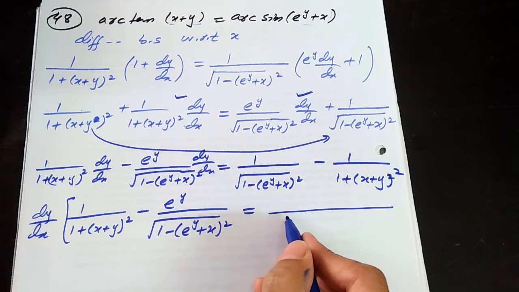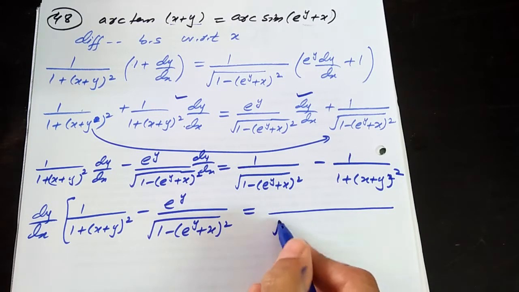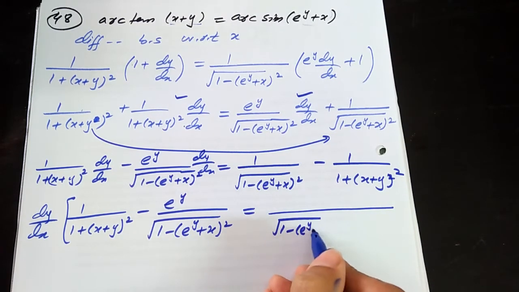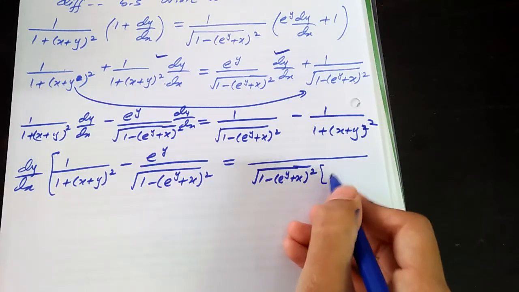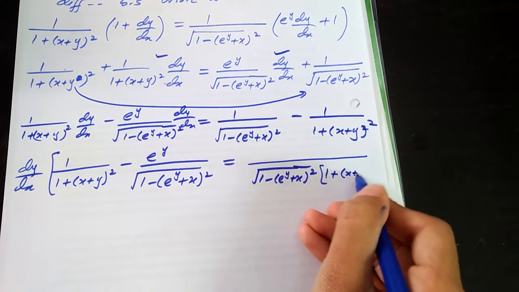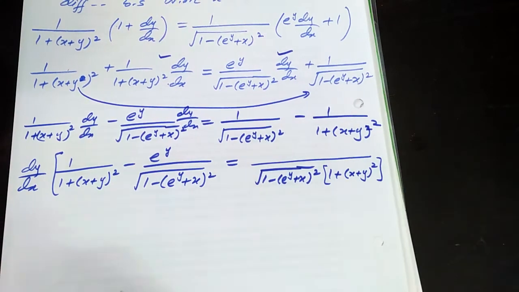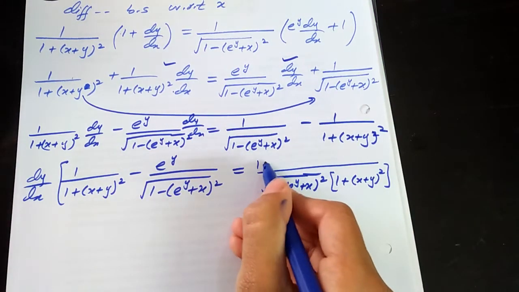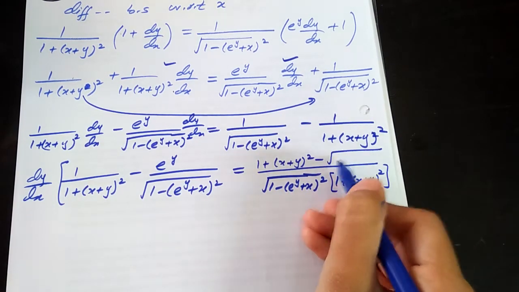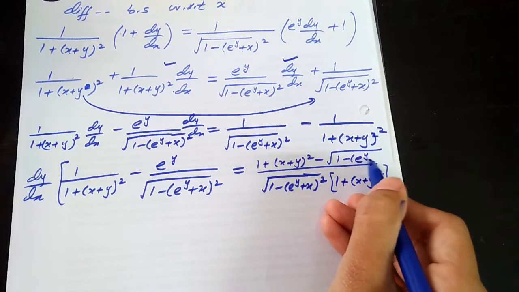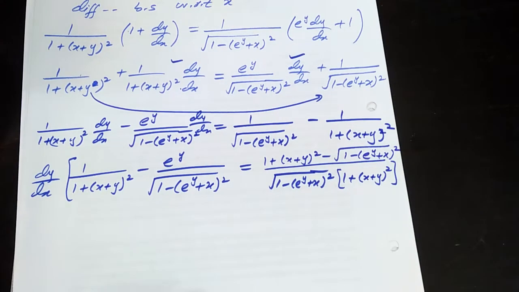We can write it like 1 minus (e raised to power y plus x) whole square times this function, that is (1 plus x plus y) whole square, like this, and upside we will be left with (1 plus x plus y) whole square minus under root 1 minus (e raised to power y plus x) whole square, like this.